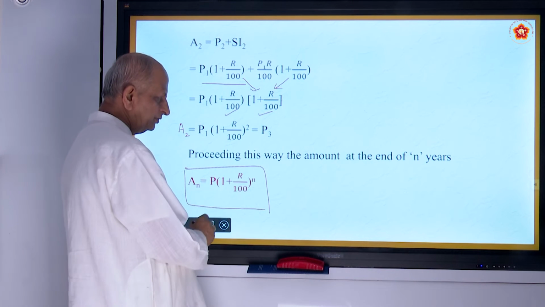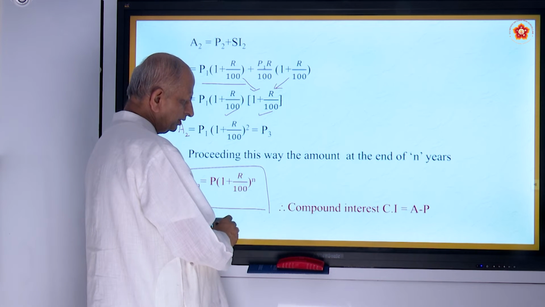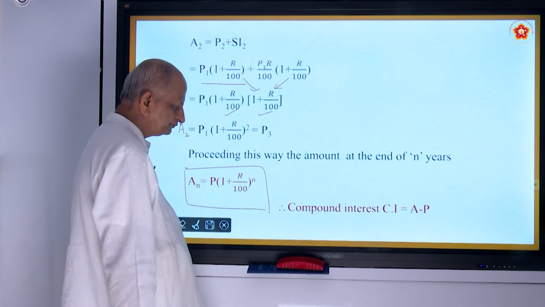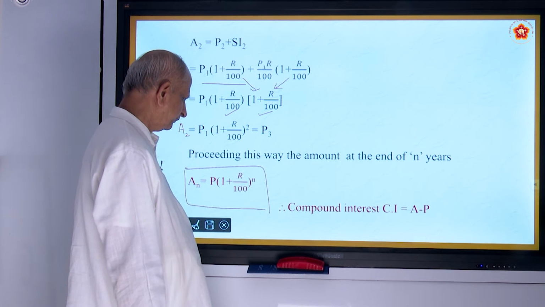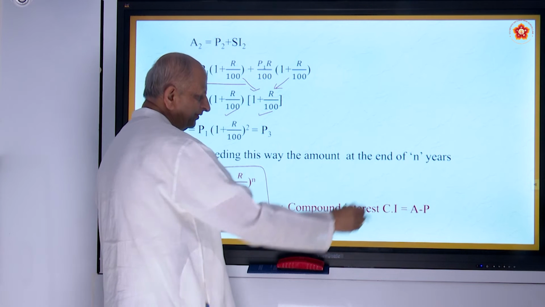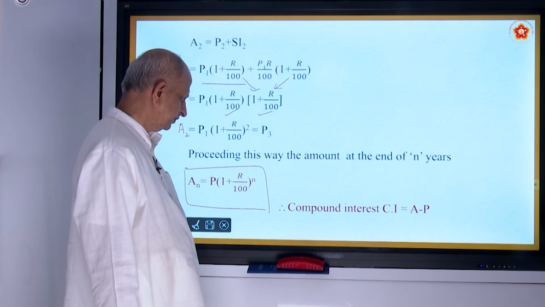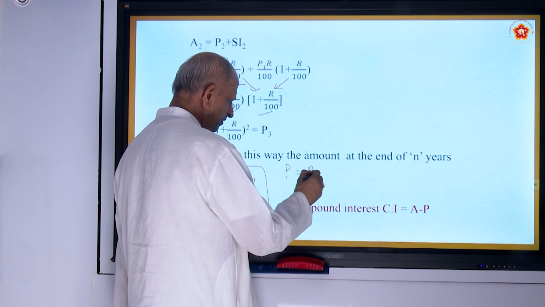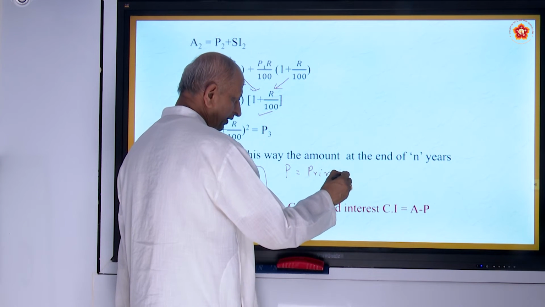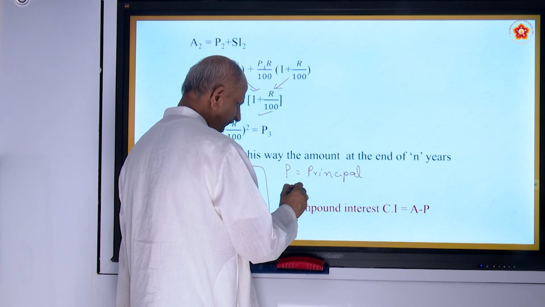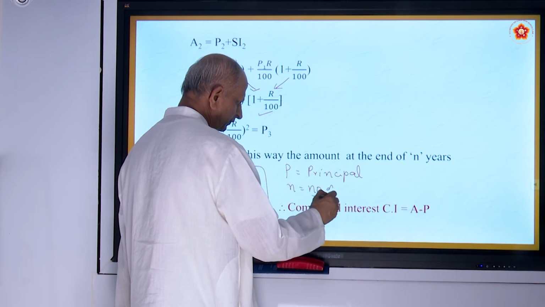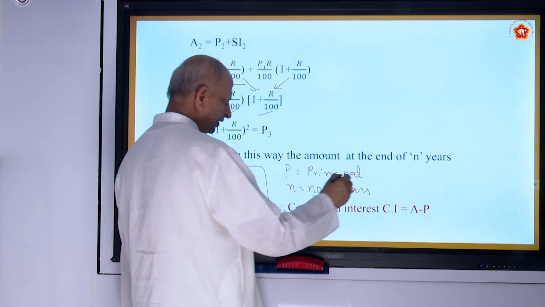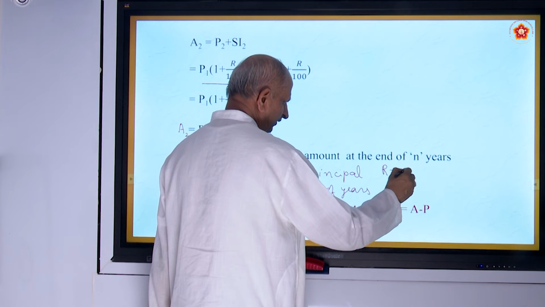Okay, here compound interest is equal to amount minus principal. What amount you are getting here, minus principal, gives compound interest. Here P is principal, N is number of years, R is rate of interest.